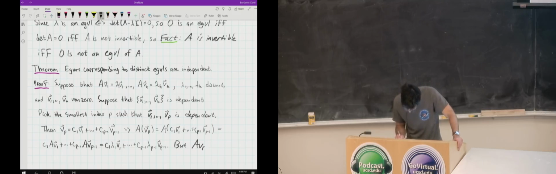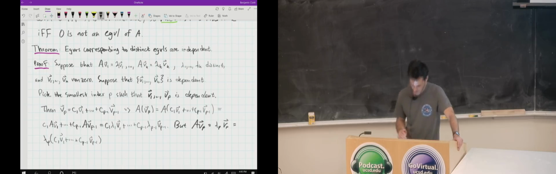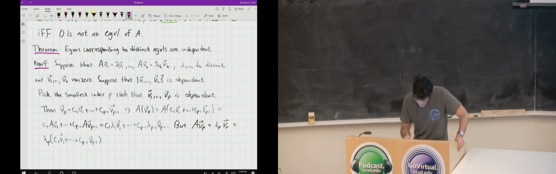But A on vp is lambda p on vp, which is lambda p on c1 v1 out to cp minus 1 vp minus 1. So I have that these terms are equal to these terms.